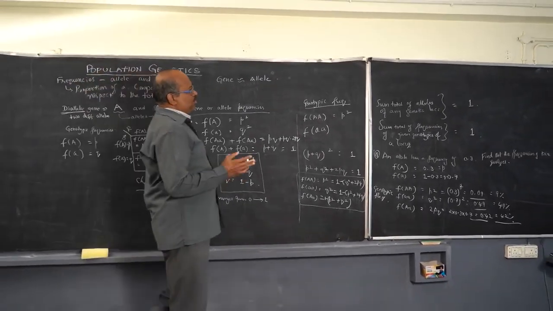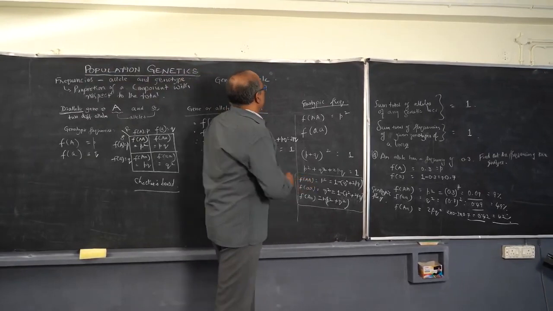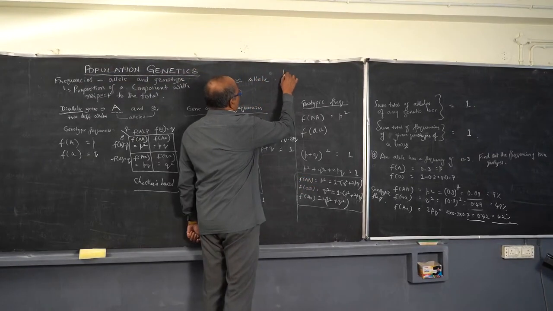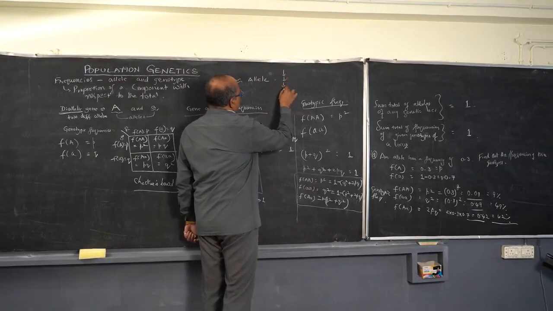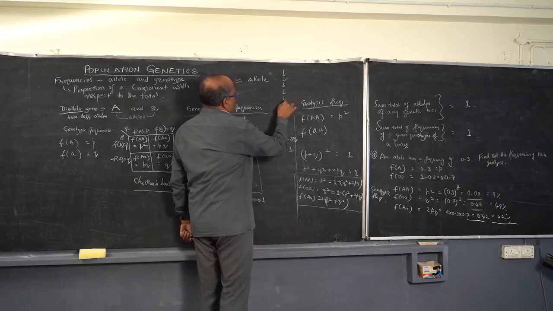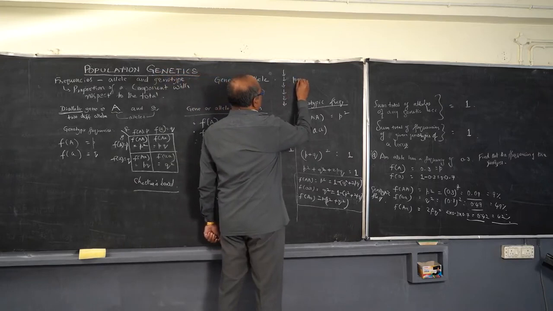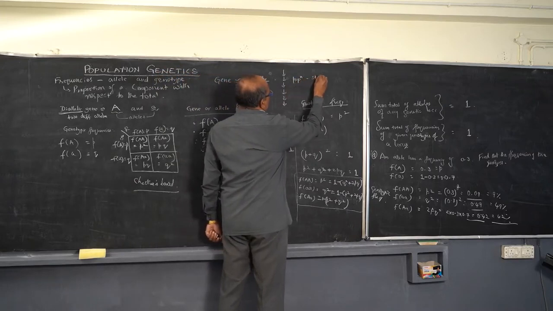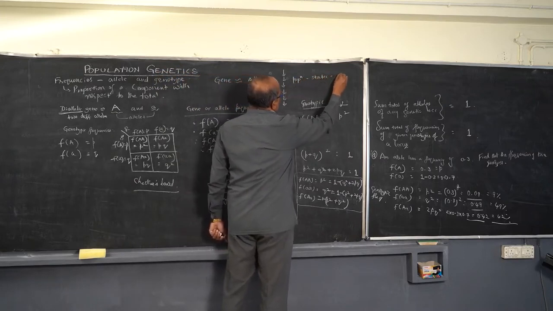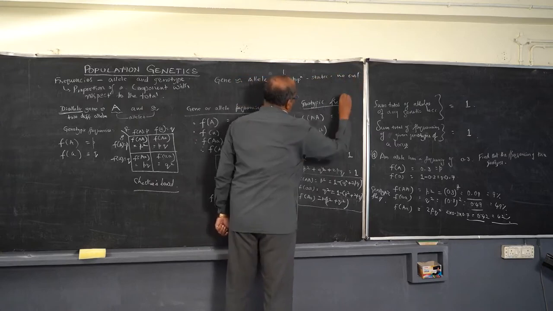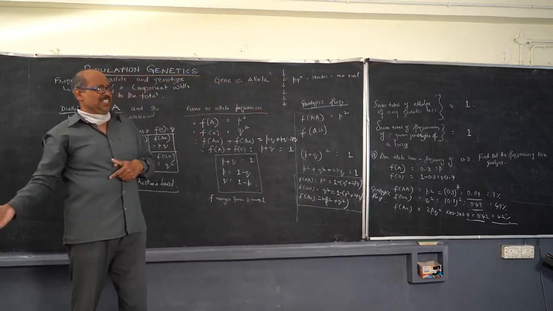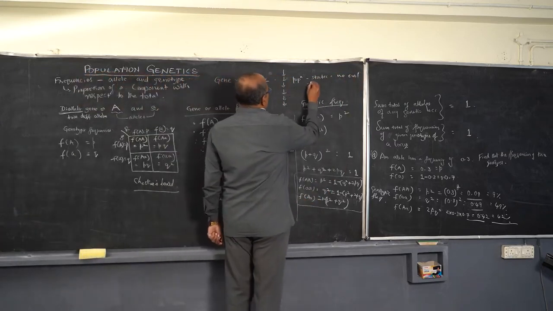And once you know the gene and genotypic frequencies, from generation to generation, you can predict whether the population is static, that means no evolution, or if you see the changes, the population is dynamic.